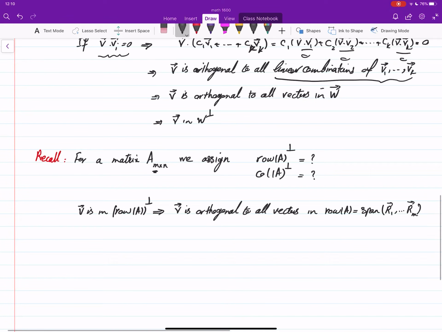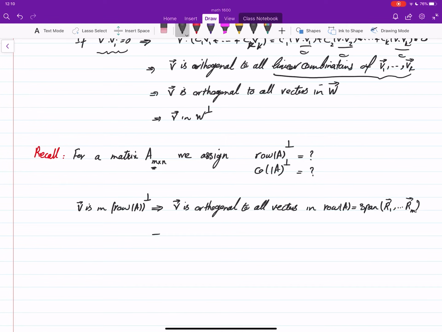So these are spans of those ones. And being there, that means that v is orthogonal to row 1, row 2, up to row m. If I write this in dot product form, R1 dot v is going to be 0, R2 dot v is going to be 0, and Rm dot v is going to be 0.